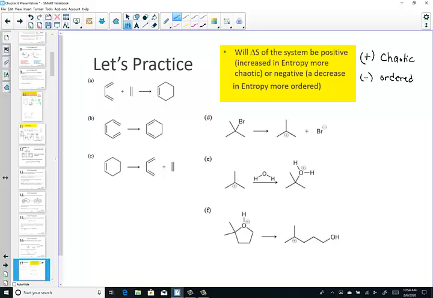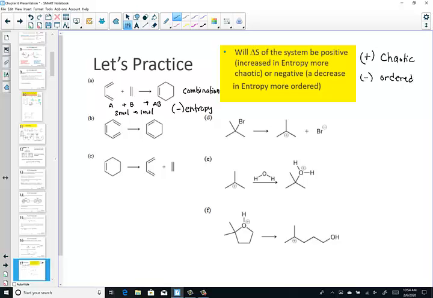Here I have an equation in letter A where I have one reactant combining with a second reactant to produce a single compound. This we would recognize as a pattern of change called a combination, because we're taking two compounds and forming one.